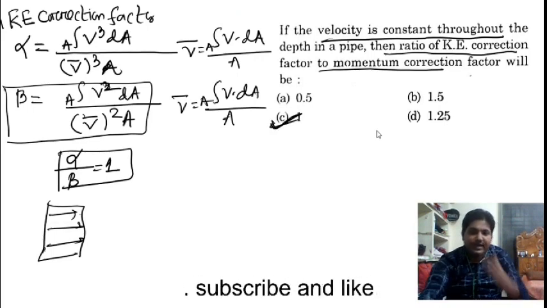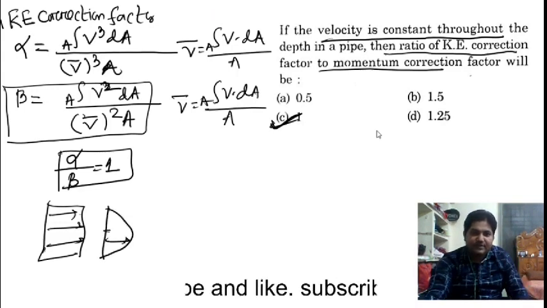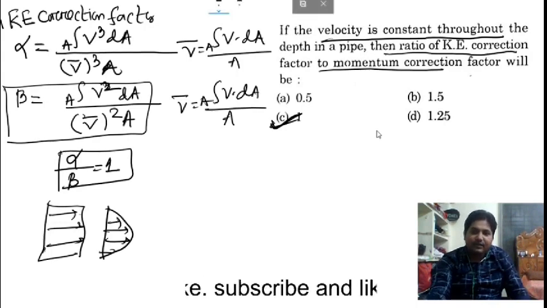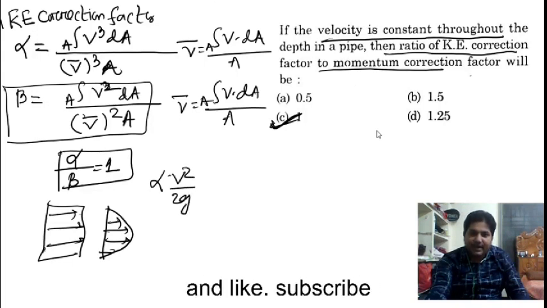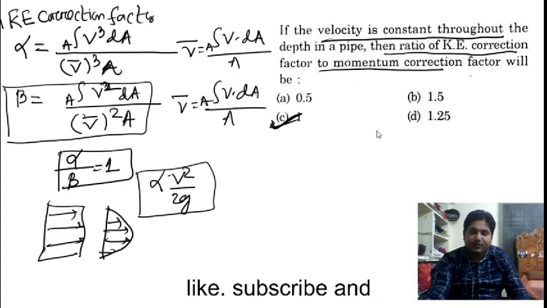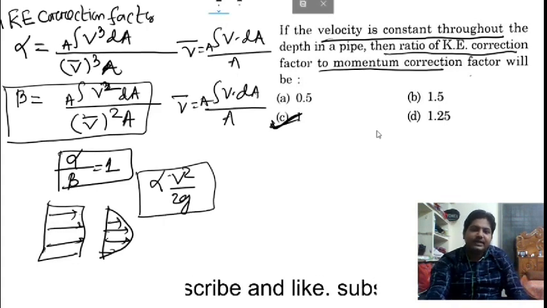If the velocity at a section is uniform, it is not changing, so we cannot use any correction factor. If the velocity is not uniform, suppose it is parabolic, as in laminar flow, then the kinetic energy correction factor is used to represent the velocity head as alpha into v square by 2g. As long as the velocity distribution is uniform, the ratio of the two factors will be 1.